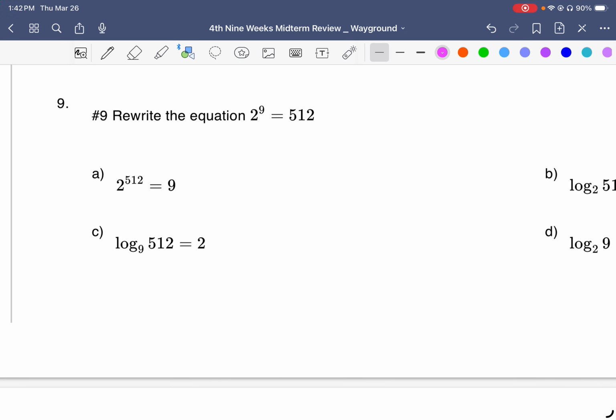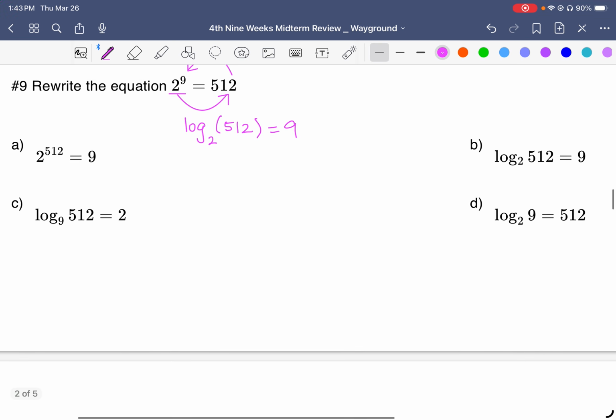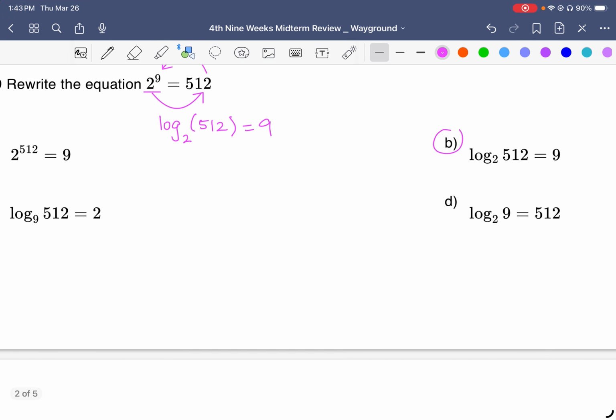I'm going to underline my base, which is the first number, draw an arrow out to the last number, and then come back into the middle. Now when you go from exponential to logarithmic, the first thing you need to write is the word log. And then from there you follow the order of the numbers. So we have log base 2 of 512 is equal to 9. And the answer would match answer B.